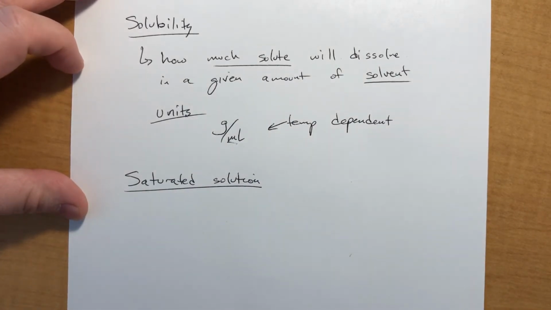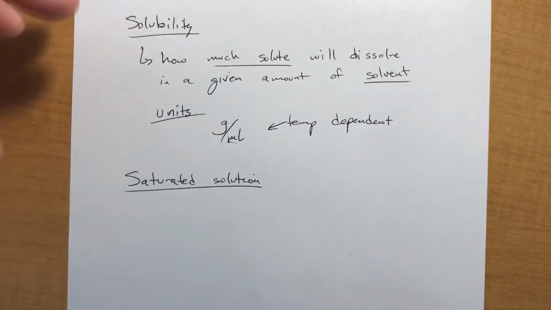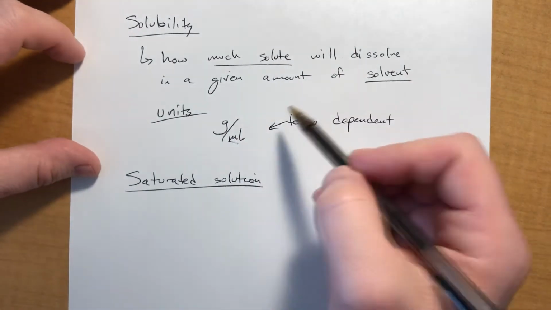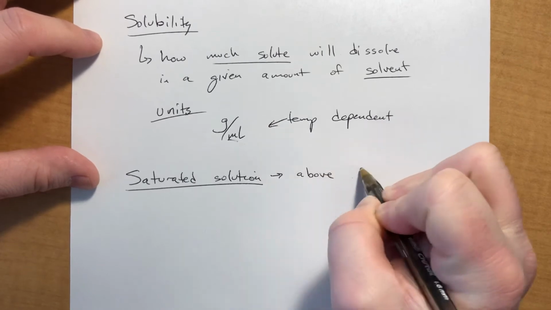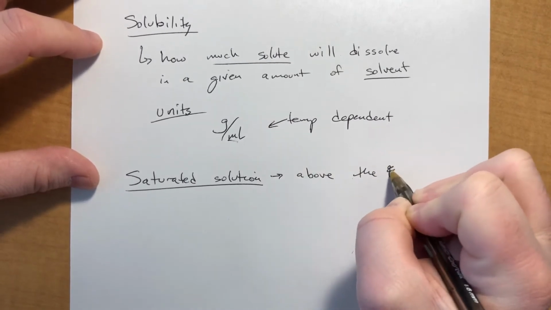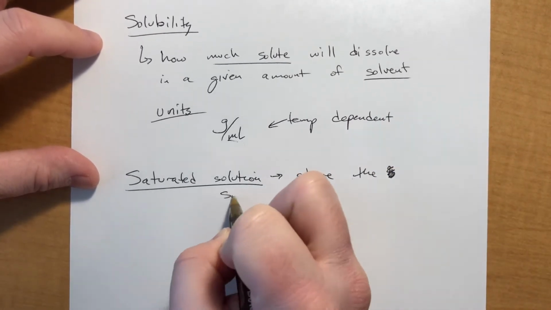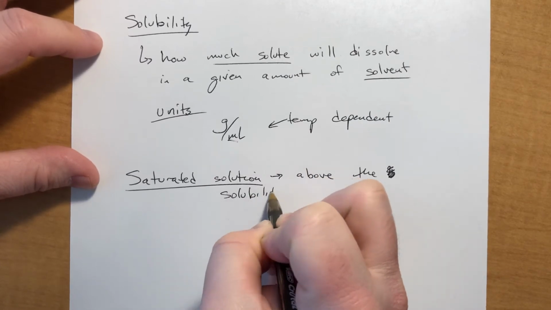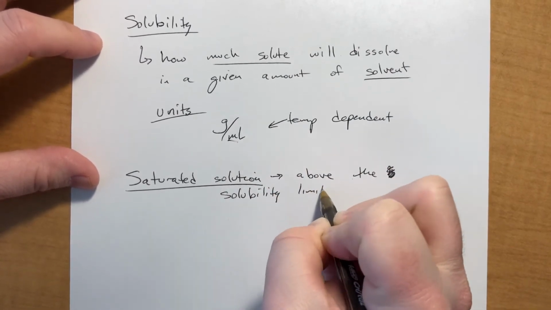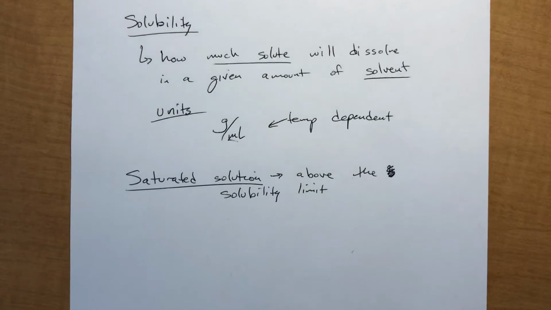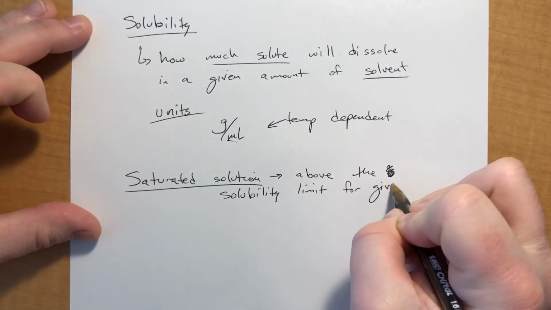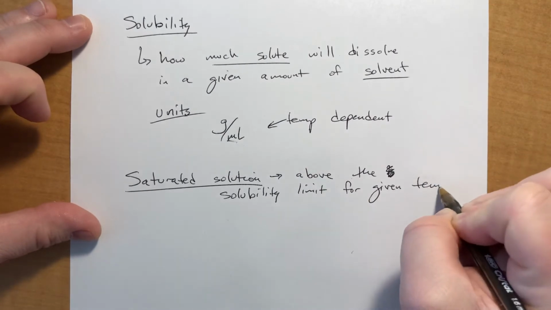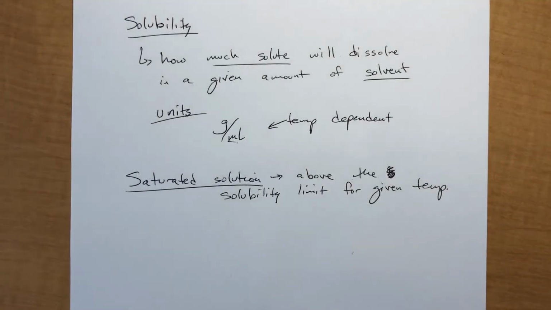This means that you are above the solubility limit, the limit of how much can dissolve, for a given temperature. Temperature matters a whole lot on this. Well, for some solutions it matters a lot; for some solutions it doesn't matter very much at all.